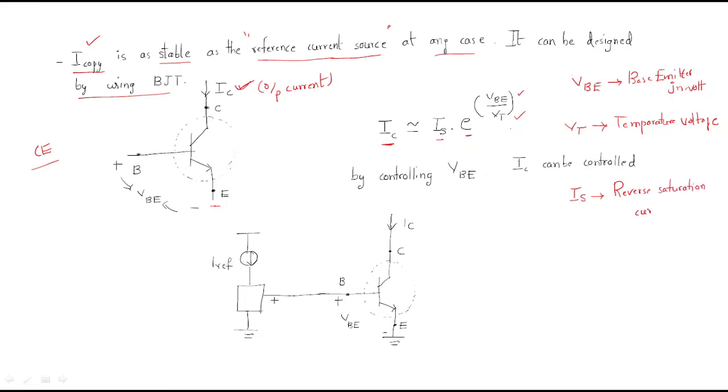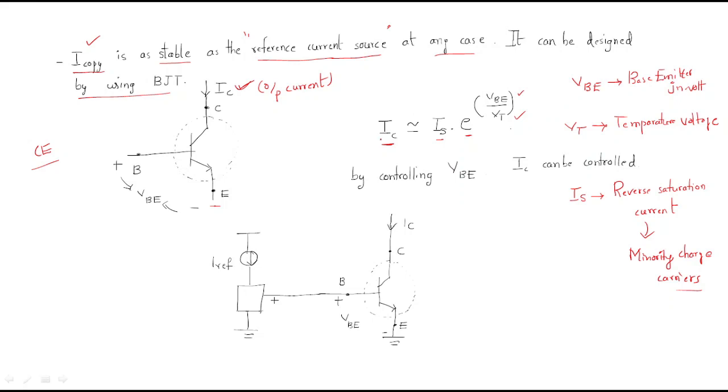What is this reverse saturation current? Reverse saturation current depends on the minority charge carriers. Whenever minority charge carriers increase, automatically the reverse saturation current will increase. So IC equals Is e power VBE by VT.